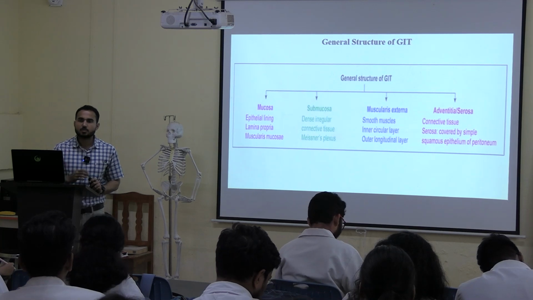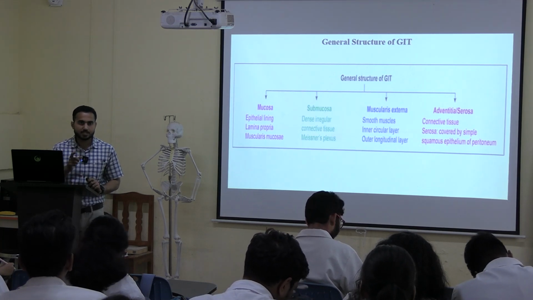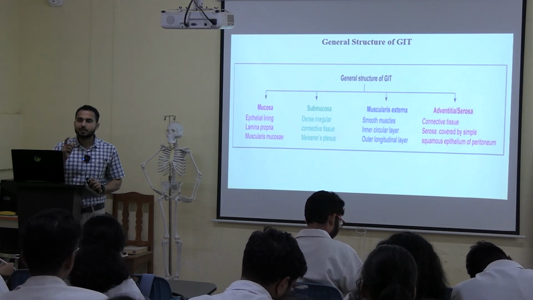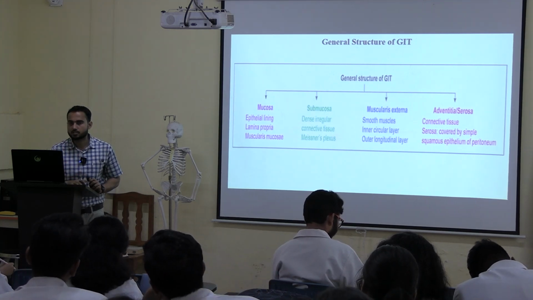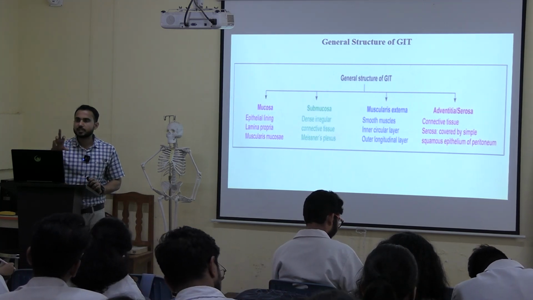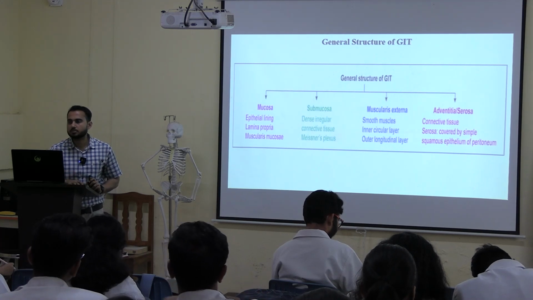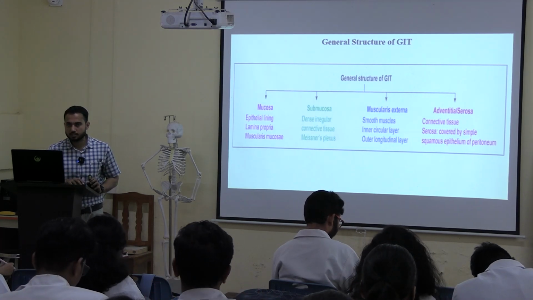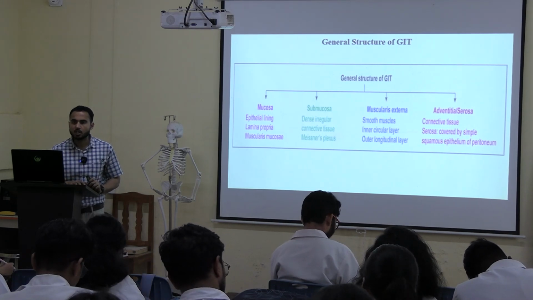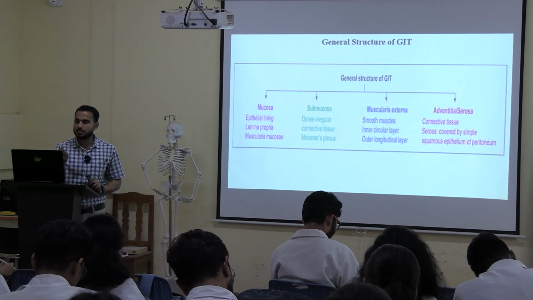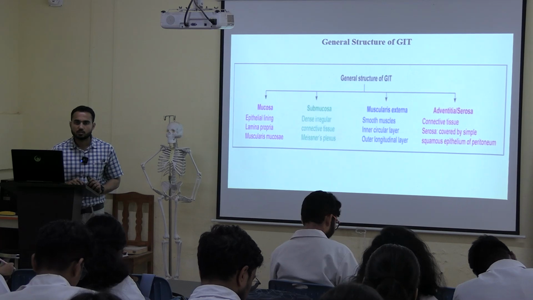When we discuss the esophagus, most of its length is in the thorax. What is the total length of the esophagus? Approximately 25 centimeter. Only 2.5 to 3 centimeter is present in the abdomen.